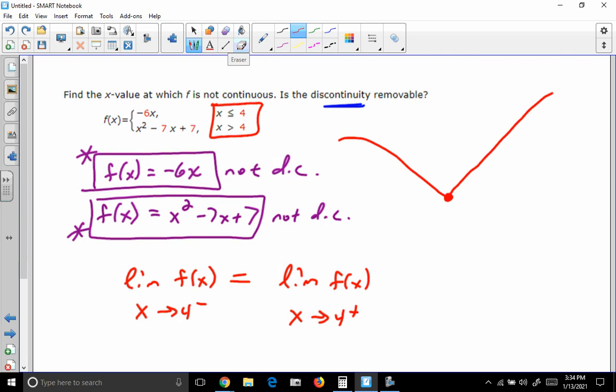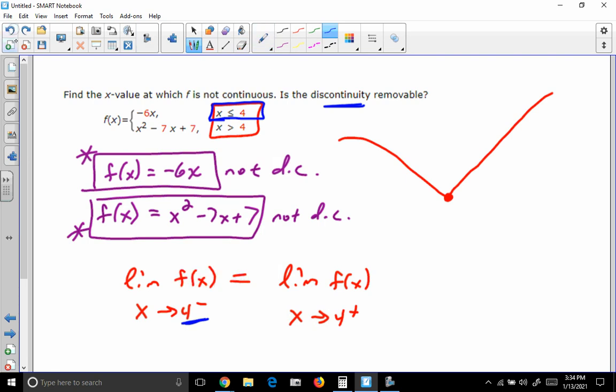So we need to take those limits. So how do we take those limits? When we're looking to the left of 4, notice the top interval applies when x is less than 4. So we're going to use the function negative 6x.